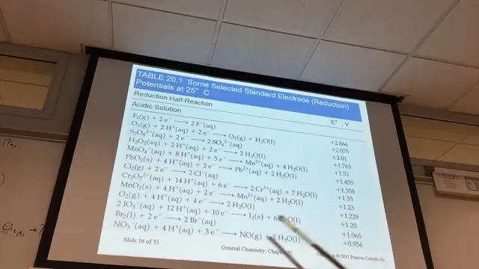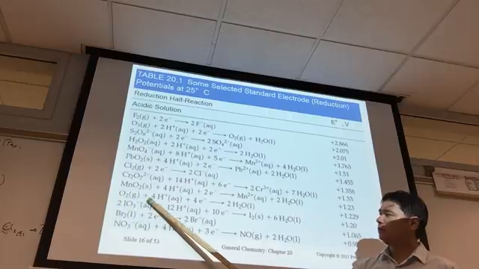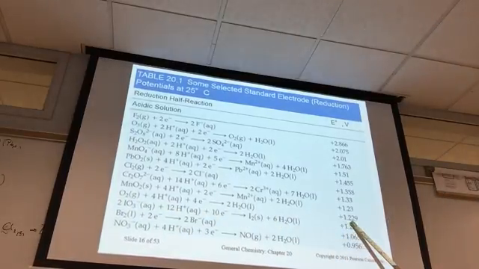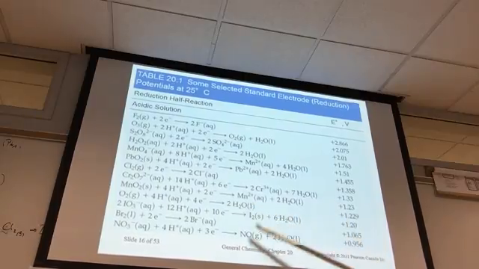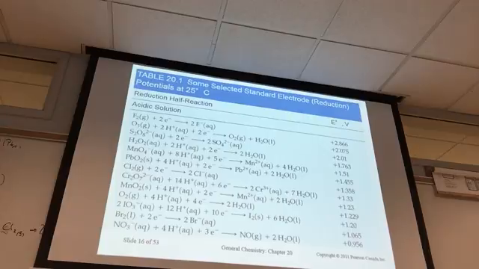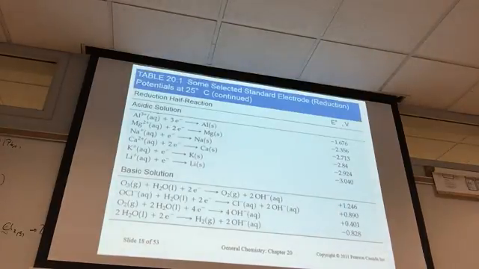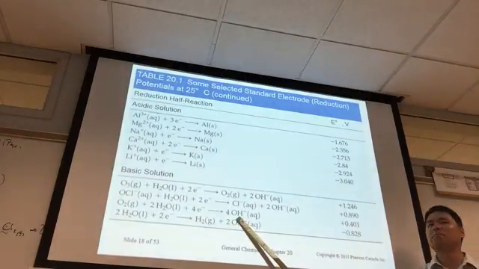This is the potential in acid. If we look at the reduction potential in acid, it's plus 1.229 volts. So plus 1.229 volts in acid, and plus 0.401 volts in base.